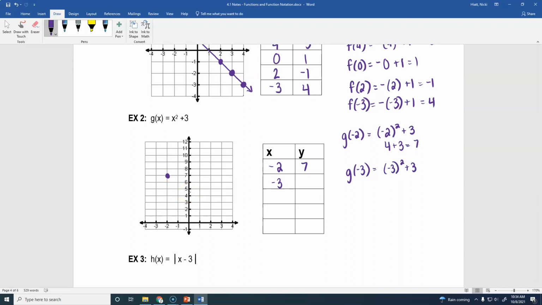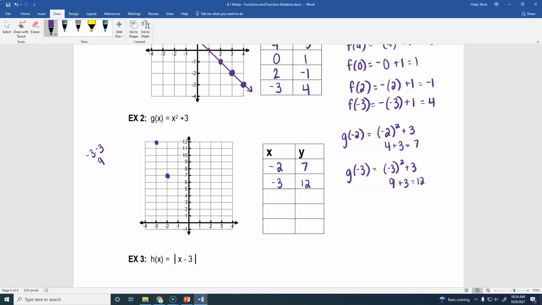Negative 3 squared is negative 6. Nope. It's not negative 3 times 2. It is negative 3 times negative 3. Positive 9. So 9 plus 3 is going to give me 12. So negative 3, 12 will be this point right here.